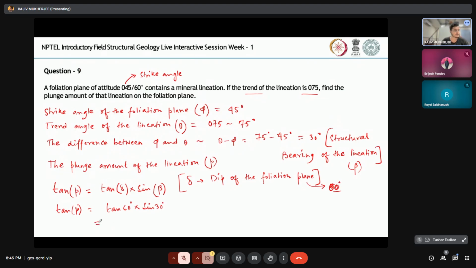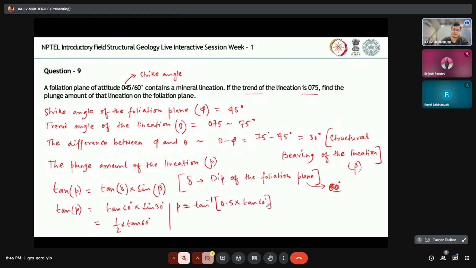So sine 30 is half times tan 60 degree, and then we can calculate p simply by having the tan inverse of this entire value, that is 0.5 times tan 60 degree.